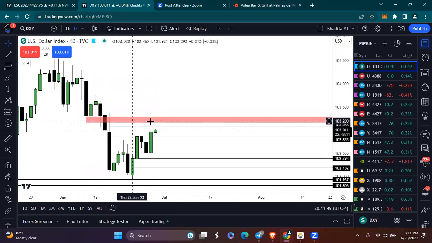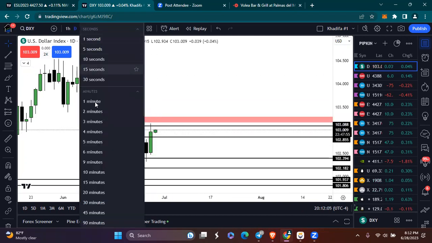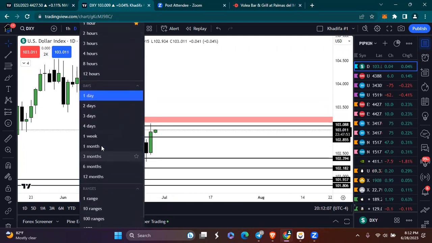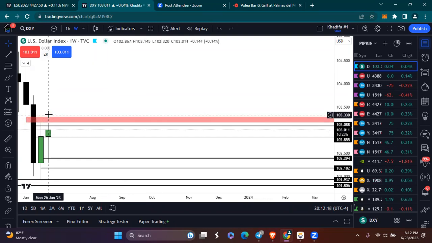I still want to see if price breaks above this upper premium array, right? So we can push through this daily, not daily, but weekly fair value gap. That's what that red structure is right here.